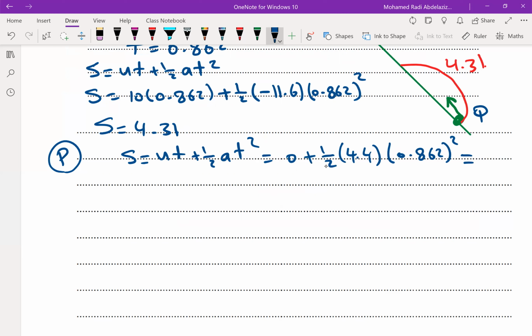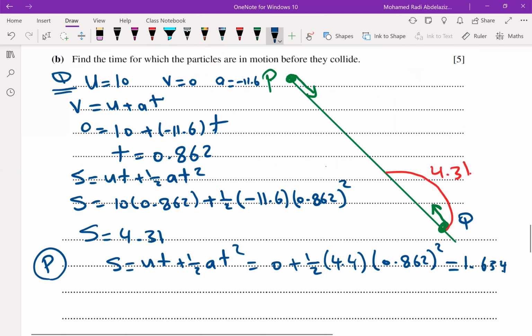Half times 4.4 times 0.862 squared is equal to 1.634. And now this distance is 1.634. So still there is a part in between. You can find this value.